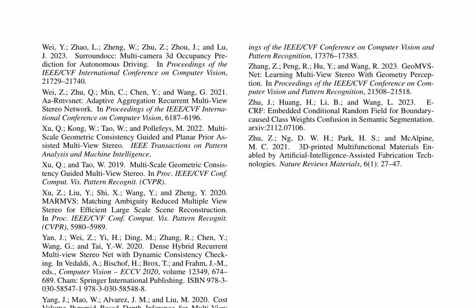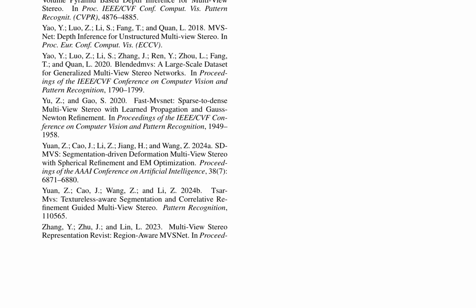Other notable contributions include the work of Yuan et al. 2020, who developed dense hybrid recurrent multiview stereo net with dynamic consistency checking, and Yao et al. 2018-2020, who introduced MVS-Net and its large-scale dataset BlendedMVS for generalized MVS networks. Yu and Gao, 2020, proposed Fast-MVSNet, which utilizes sparse-to-dense propagation and Gauss-Newton refinement for efficient and accurate depth estimation.